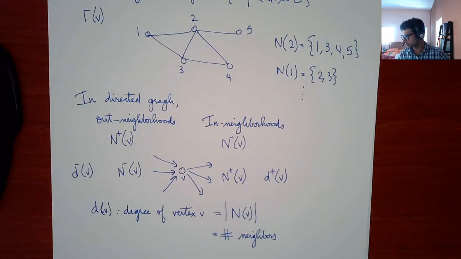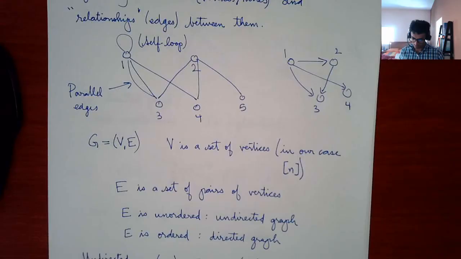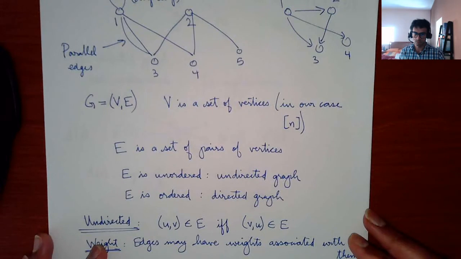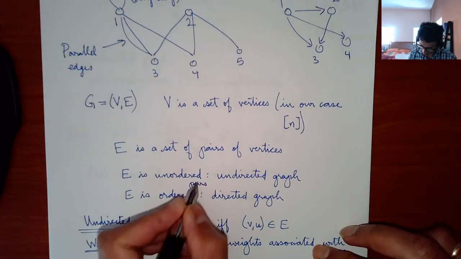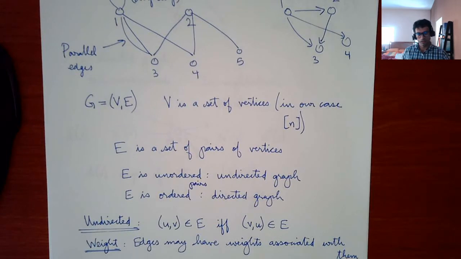Just clarifying here, in neighborhood is with the superscript minus? Yes. Okay, and then on the previous page, you mentioned if E is ordered. Are we talking about sorted or like ordered pairs? Ordered pairs. So its elements are all ordered pairs? Meaning that you're looking at the set of pairs where you actually care about the ordering.